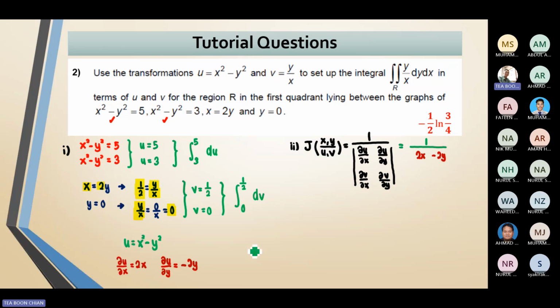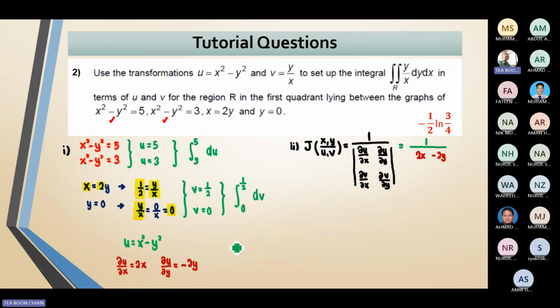Now, on the other hand, for the function v equals y over x, in case you want to perform differentiation, I highly recommend you change the way of writing y over x to become y x power negative 1. Because we are going to differentiate a fraction function, changing it into the power rule will make the differentiation slightly easier.